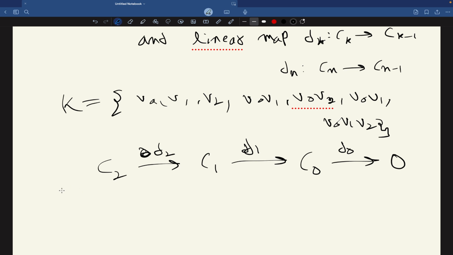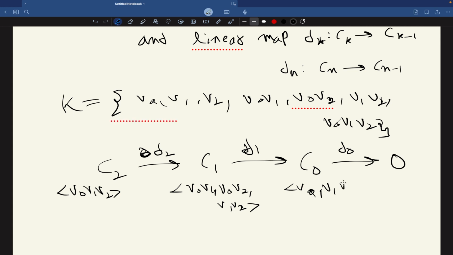Here we have only one basis element, v0 v1 v2. Here we have bases v0 v1, v0 v2, and v1 v2. Here we have the bases v0, v1 and v2.